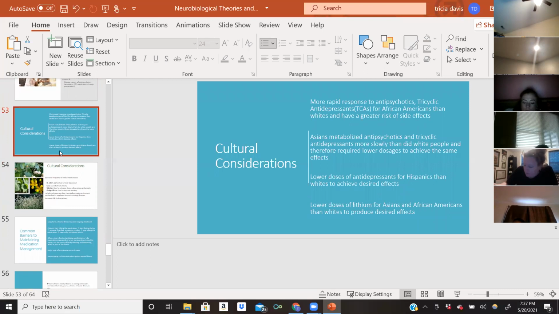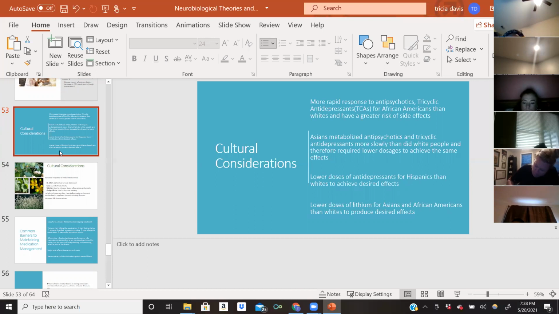So cultural considerations. Some cultures will have specific reactions to specific medications. So with our African-American patients, they, more so than white Americans, have a greater risk of side effects with tricyclic antidepressants, those TCAs. They have a more rapid response to antipsychotics.